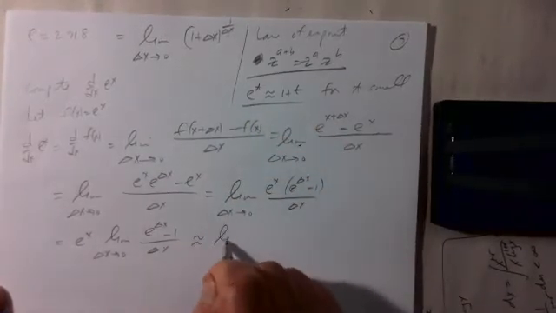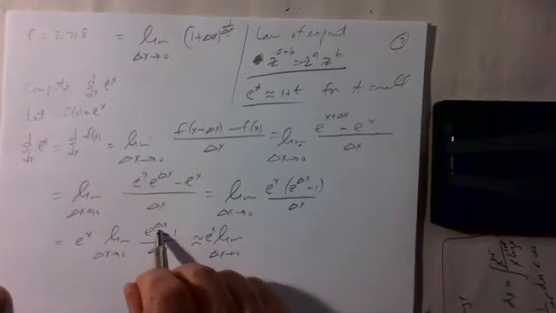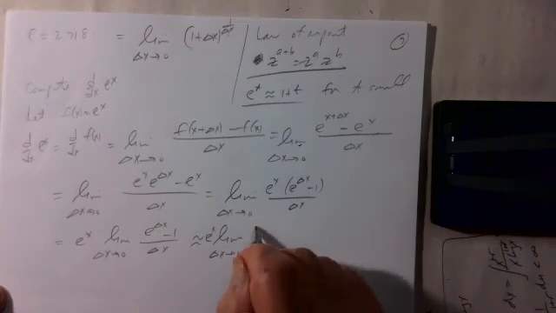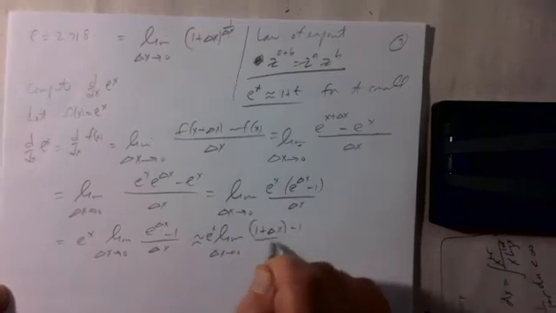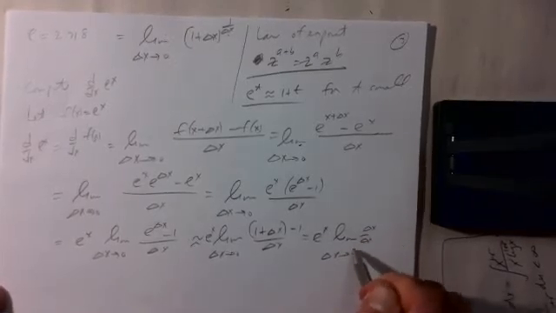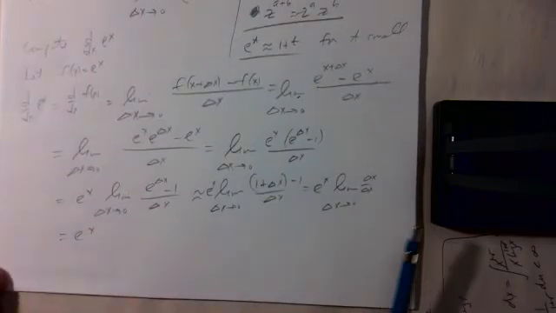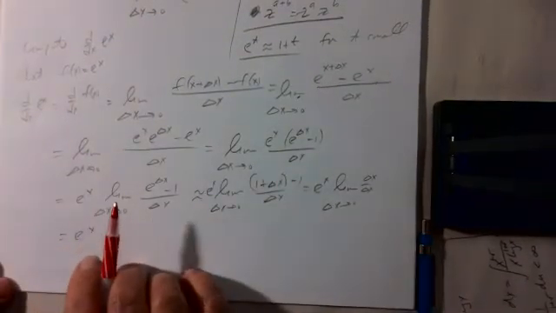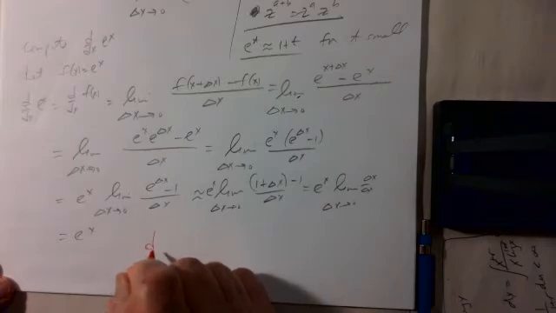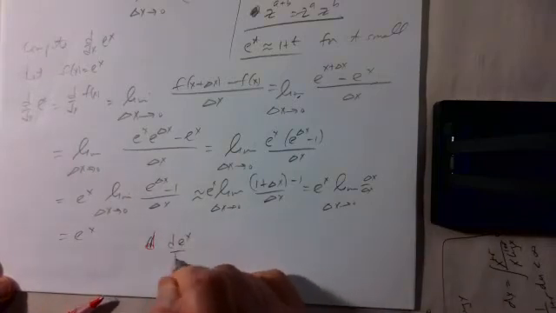This is approximately the limit, e to the x times the limit as delta x goes to 0 of (1 plus delta x minus 1) over delta x. The ones cancel, delta x over delta x is just 1, so it's e to the x. So this is a proof of the third sort of sophisticated derivative in this section. The derivative of e to the x is itself.